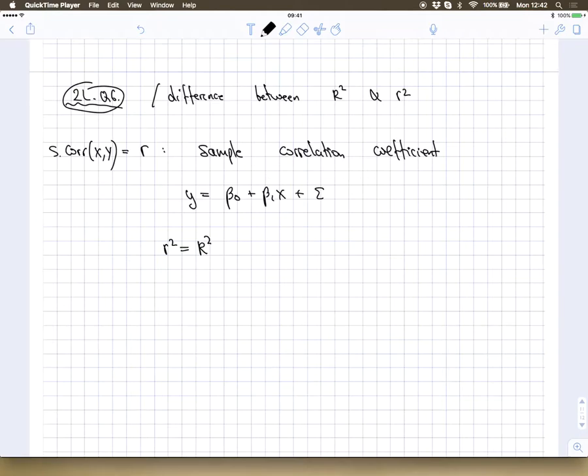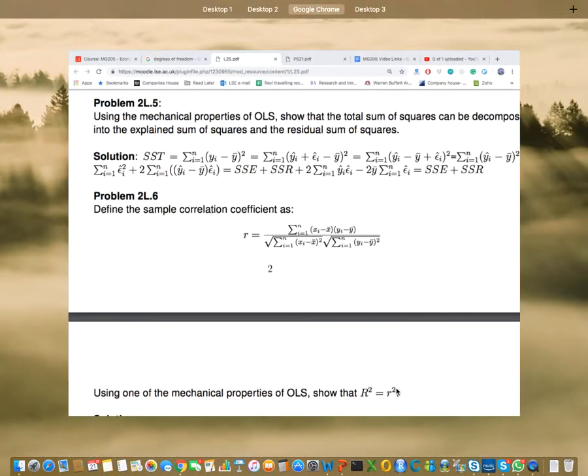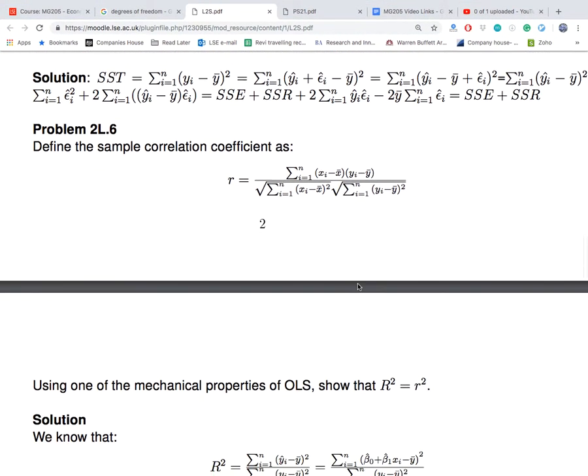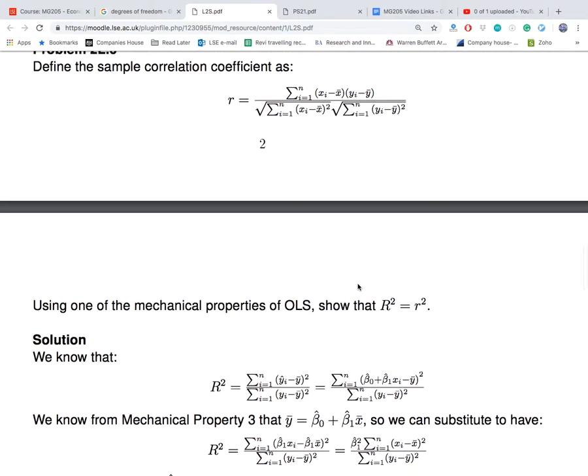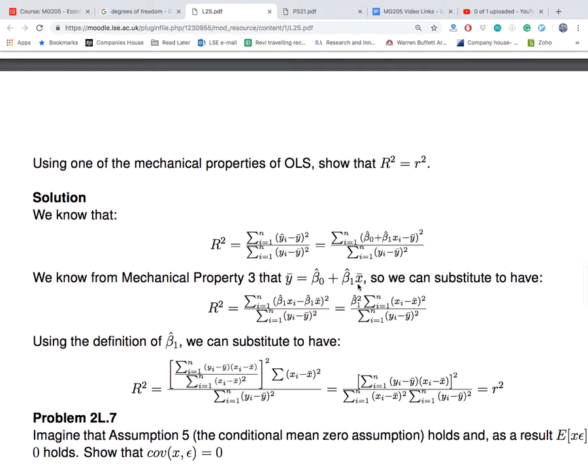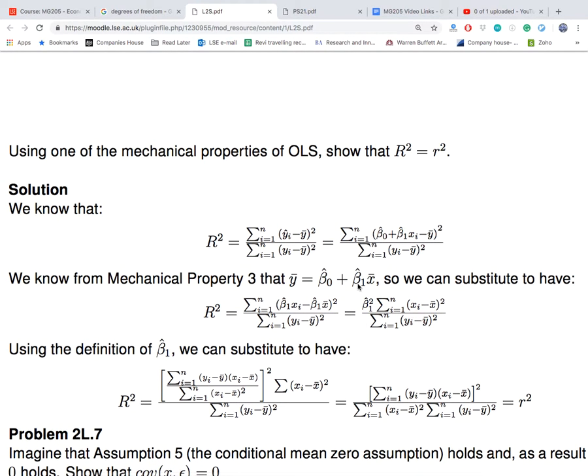Now, in a previous video, I tried to kind of prove this. Jordi will be providing some of the solutions of this, but let's go over this solution where we show that in the simple linear regression model, the R square is indeed equal to the little r squared. Okay? Start with the definition of R square. Use the fact that this is a simple linear regression, so I can substitute the yi hat with the expression below.